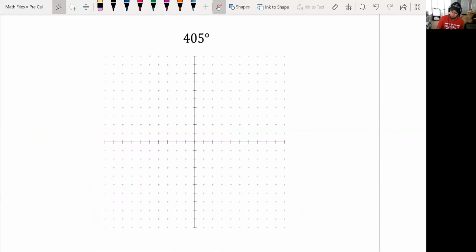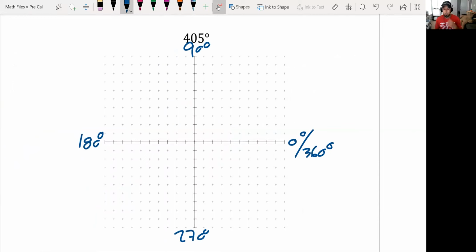All right. And then 405: 0, 90, 180, 270, 360. And if we are graphing 405 degrees, well, first, here is the initial side.